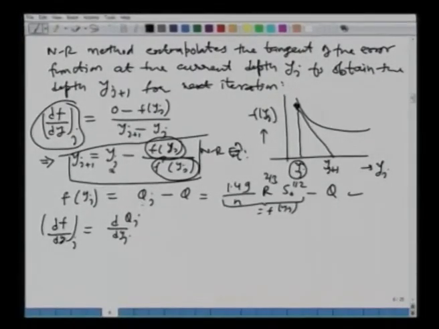The derivative of this quantity with respect to y will vanish, because this is a number. So, all you have is this is a function of y, so it will be dQ j over dy j. Is it clear? Now Q j is given by this expression 1.49 by n and so on, and that is where your R is a function of depth of flow.